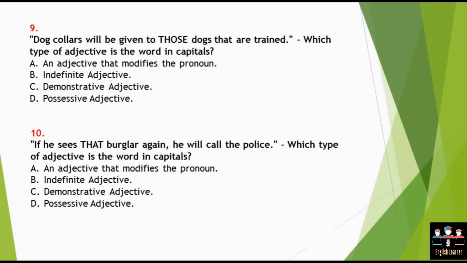Which type of adjective is the word in capitals? A. An adjective that modifies the pronoun. B. Indefinite adjective. C. Demonstrative adjective. D. Possessive adjective. Number 10. If he sees that burglar again, he will call the police. Which type of adjective is the word in capitals? A. An adjective that modifies the pronoun. B. Indefinite adjective. C. Demonstrative adjective. D. Possessive adjective.